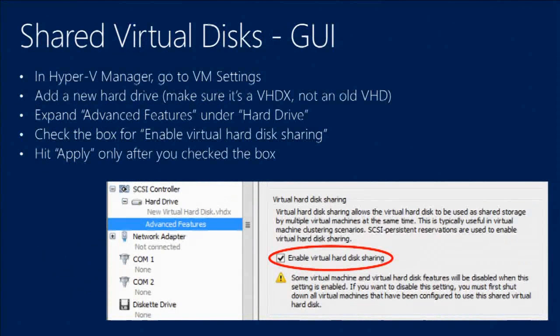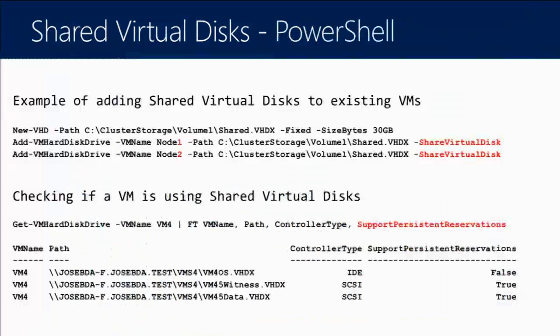So, speaking of that checkbox, when you create a disk under a SCSI controller, under advanced features, you will see that we now have this little checkbox called Enable Virtual Hard Disk Sharing. If you're doing this on the command line, all you have to do is create a VHD as you would normally.